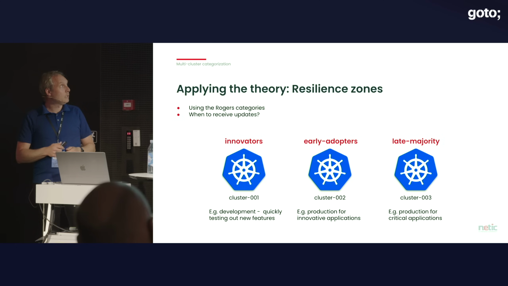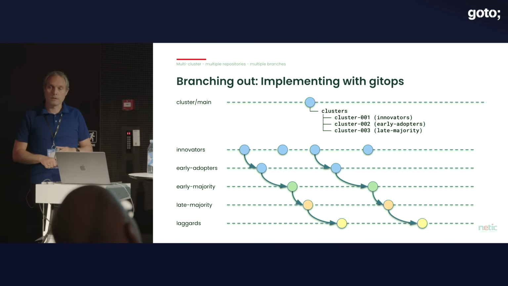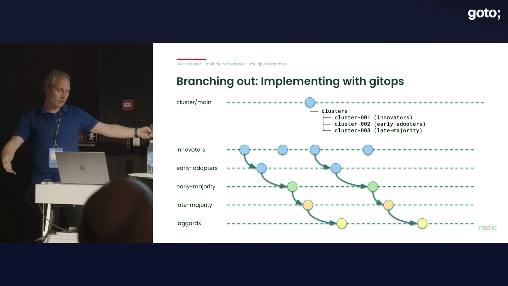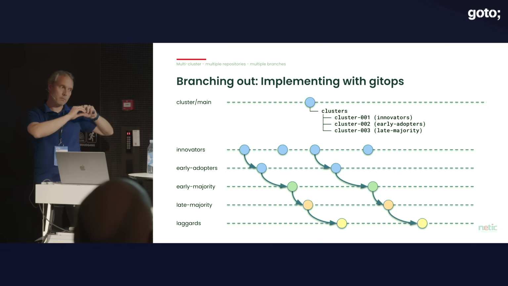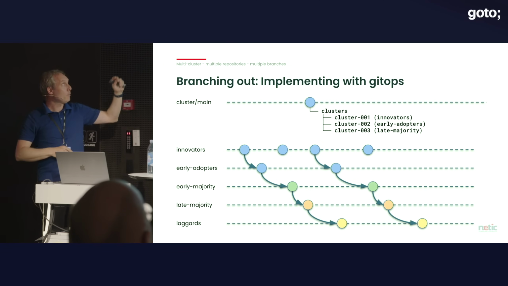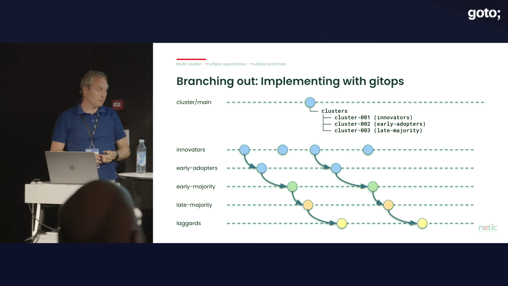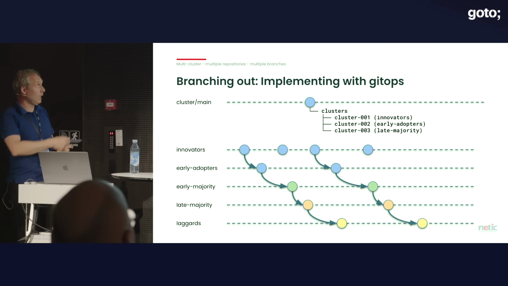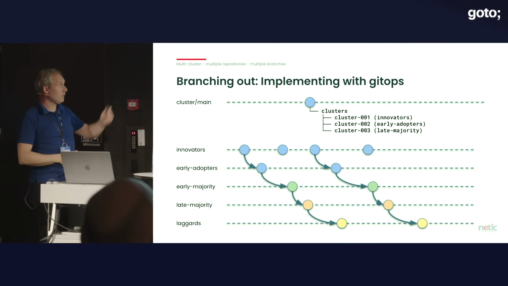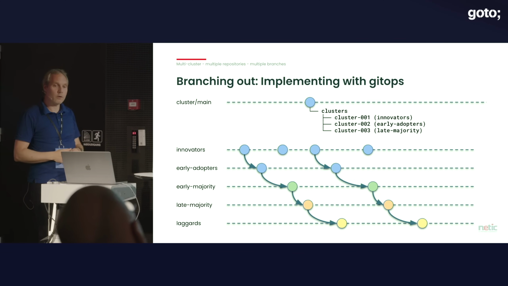Well, instead of working with tags, we could turn to branches. We still split up the cluster-specific stuff into some Git repositories that are the starting point for bootstrapping a cluster. But then we have the infrastructure repository, and instead of just having main and tagging different releases, we create branches that correspond to the resilience zones that you just saw.